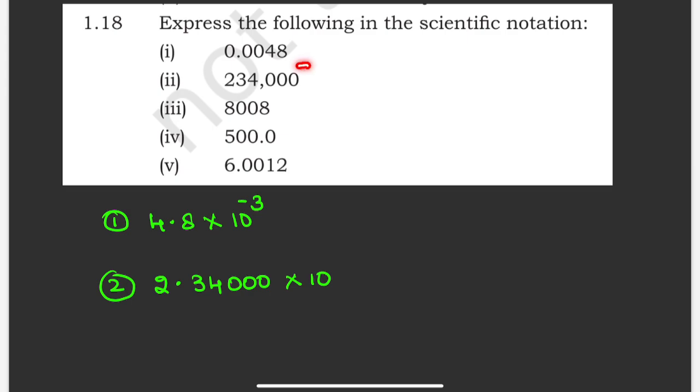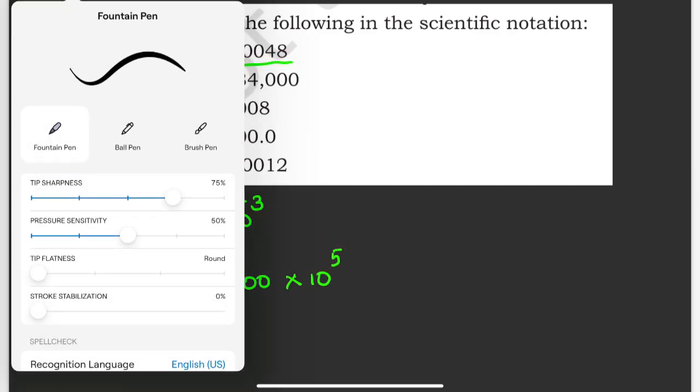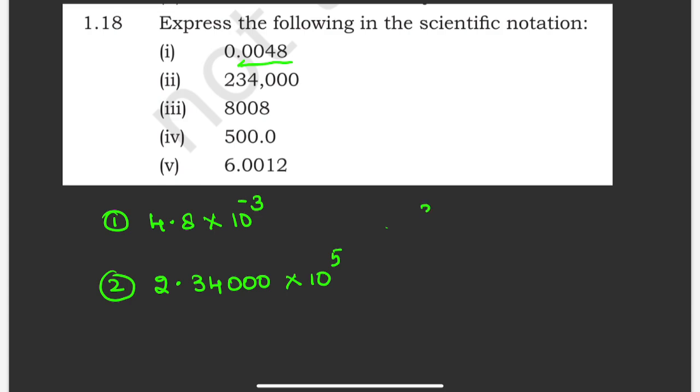You have to count from this side. 1, 2, 3, 4, 5. So 10 to the power of 5. Whether it is plus 5 or minus 5: I have moved the decimal in this direction, that is the left side. So it will be plus 5, or you can write just 5. Next, third question.